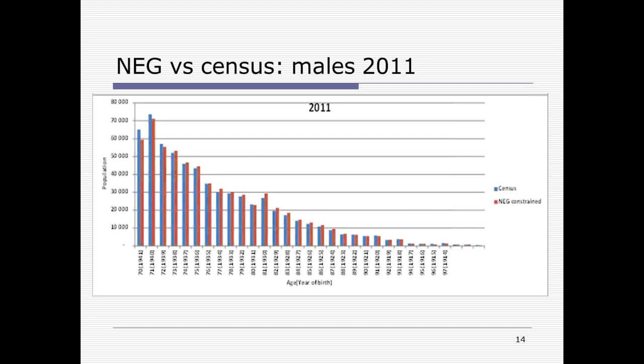Now it turns out that the near extinct generation method is akin to something that is actually used, called the runoff triangle, for estimating claims that have been incurred but not yet reported. So you've got existing claims, and you can work out what claims are going to come down the pipeline.